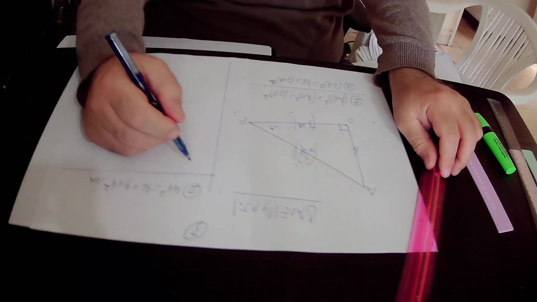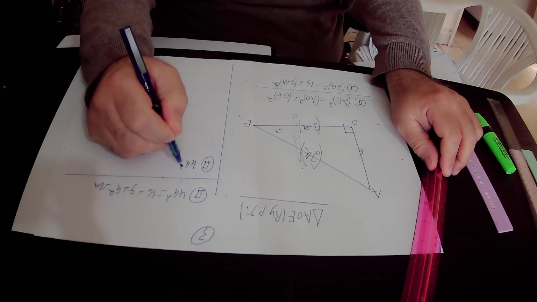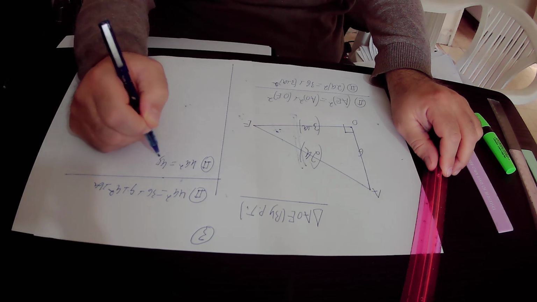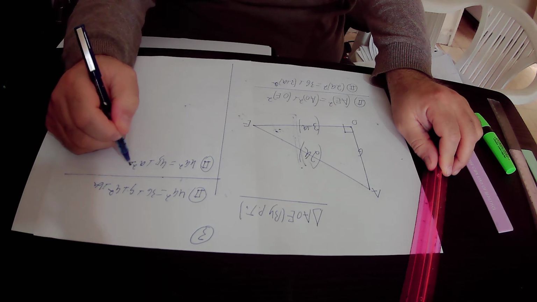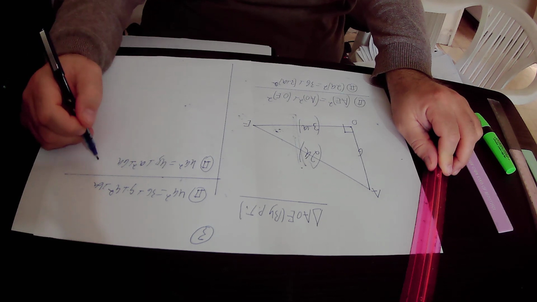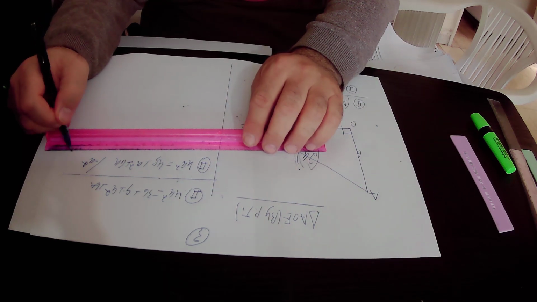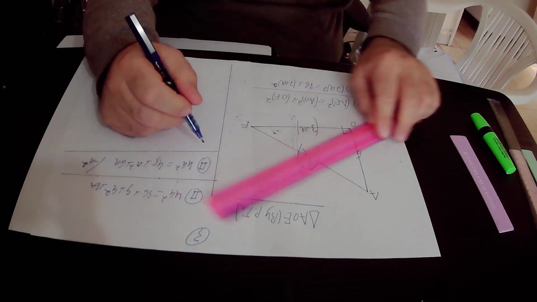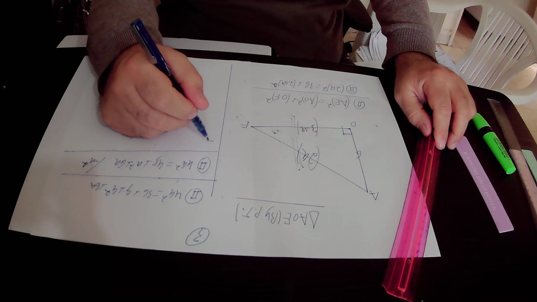36 plus 9 is 45, so I'll write it down. Here 4A squared equals 45 plus A squared plus 6A. Here we'll subtract A squared from equation number 2, and we'll get that 4A squared minus A squared is 3A squared.